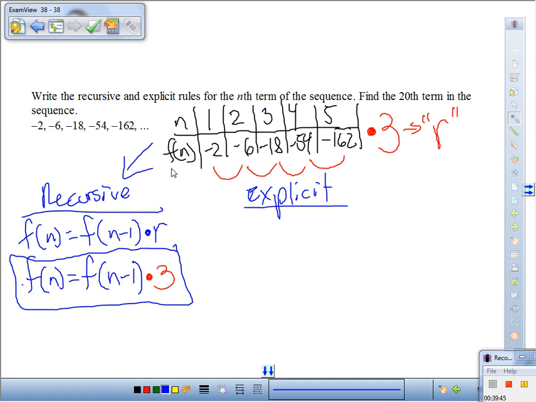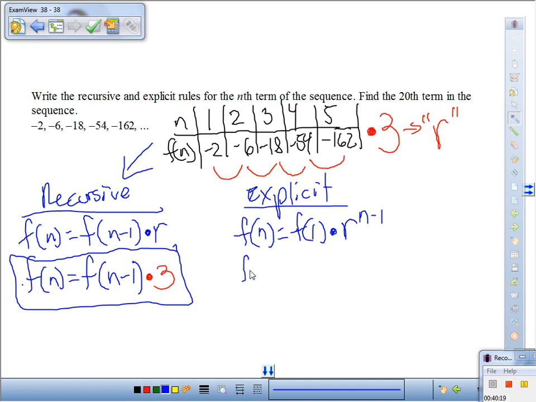All right, let's write our explicit rule. F of n equals f of 1, that doesn't change, and then times r, but this one, instead of having the times n minus 1, it's to the power of n minus 1. Yes? All right. So let's write it specifically for this one.